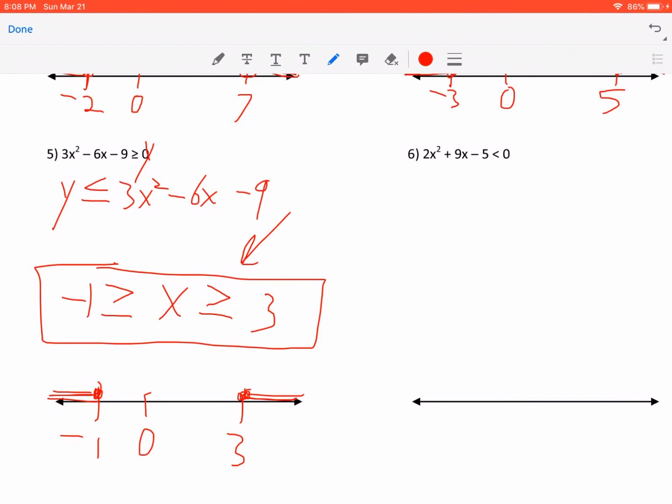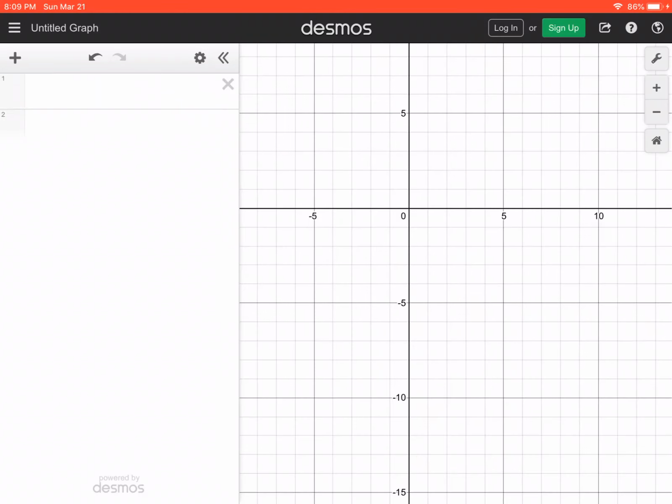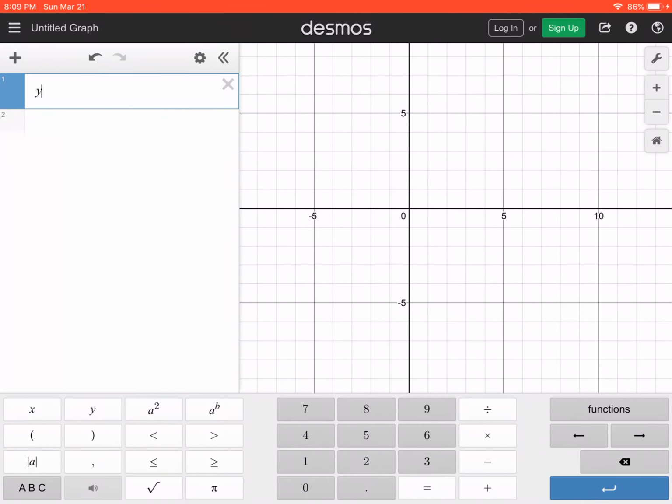Last one, replace 0 with y. So now that's y is greater than 2x squared plus 9x minus 5. Okay? So y is greater than 2x squared plus 9x minus 5. And again, in class, we'll use a graphing calculator, but it's the same thing.